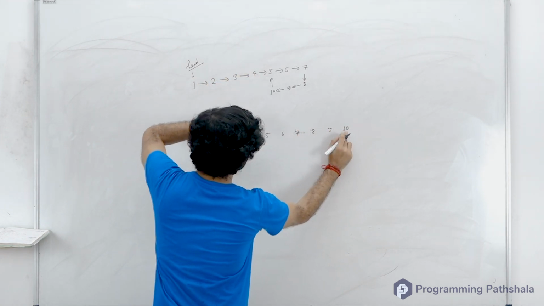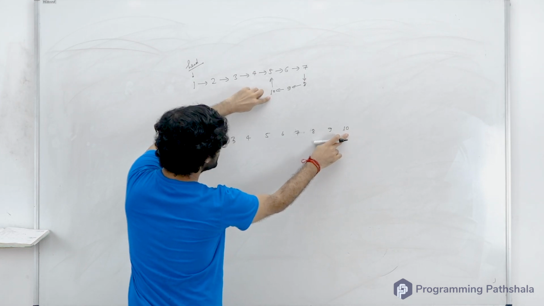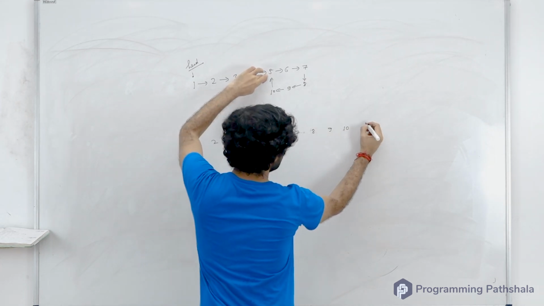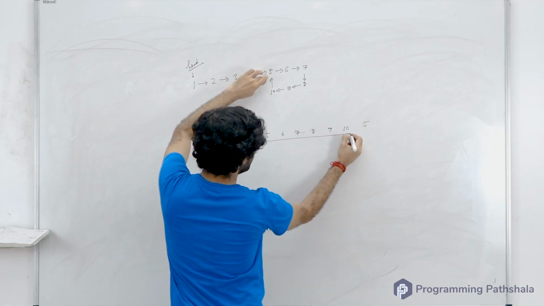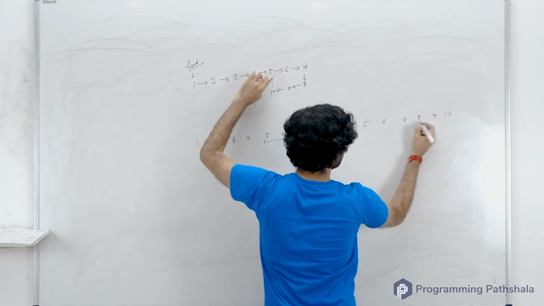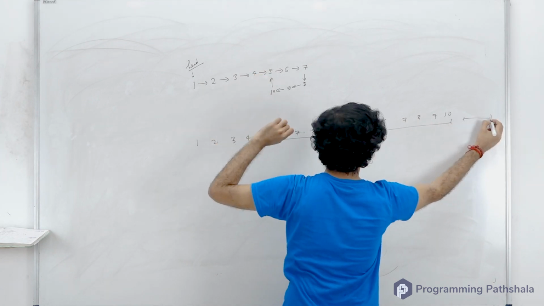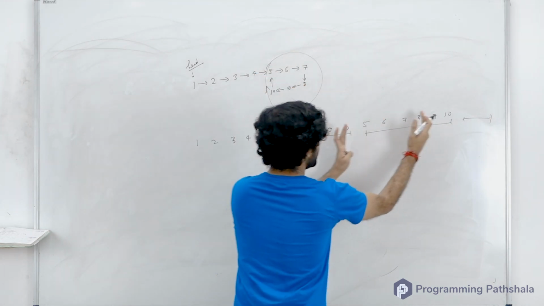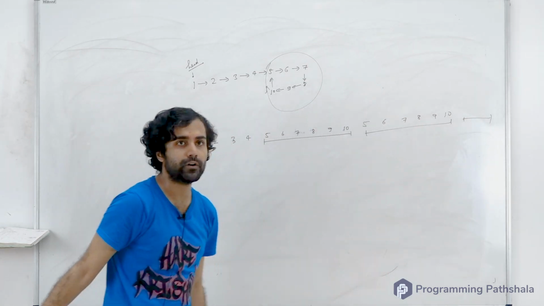Now stop here. The moment you are at 10, if you do 10 arrow next, you will come to 5. And then again this entire thing from here to here will pop up over here. So this thing will keep coming again and again, on and on forever.